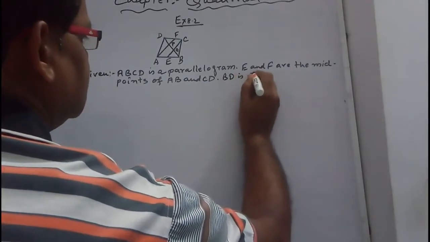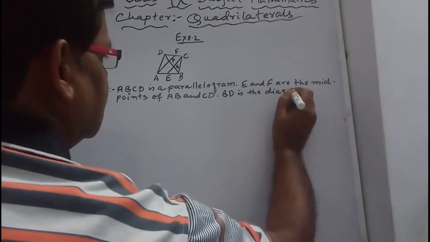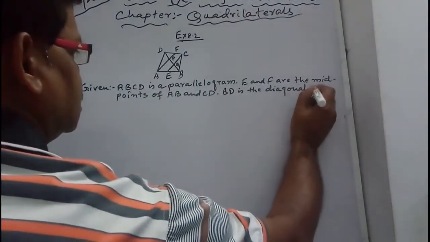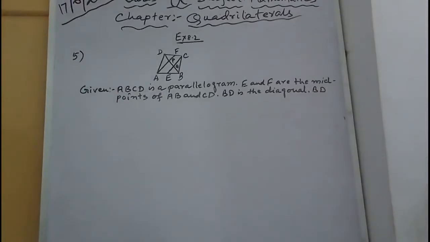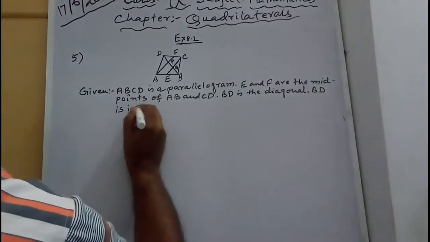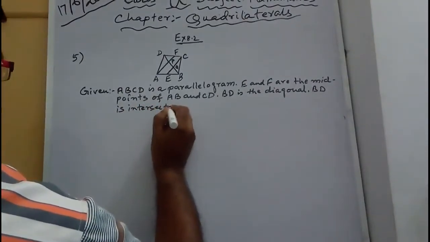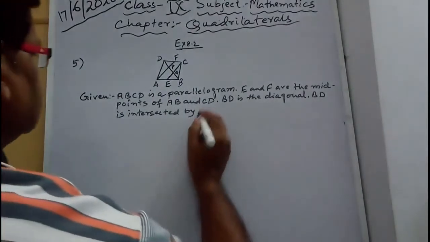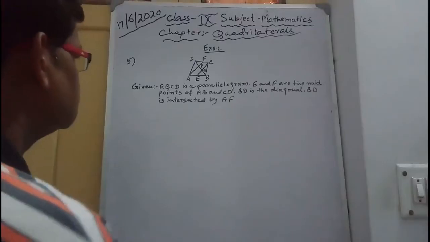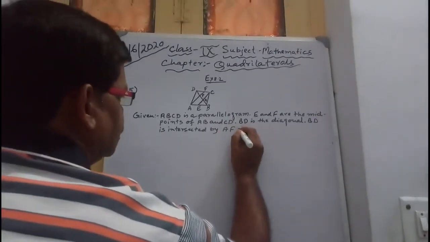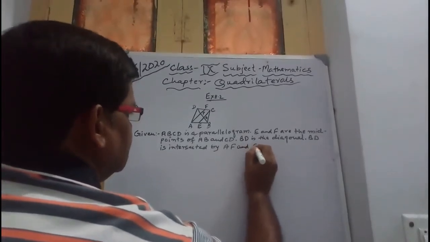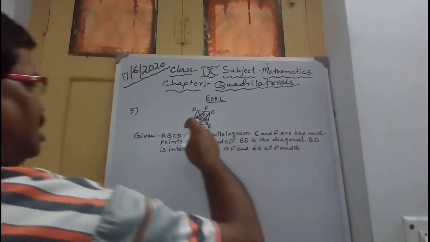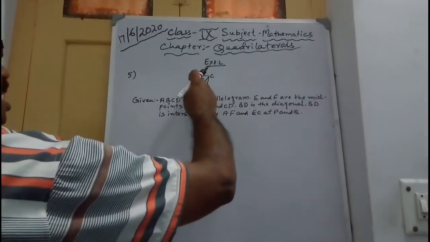BD is a diagonal, and this BD is intersected by the line segments AF and EC at P and Q. So these two lines intersect BD at P and Q points.